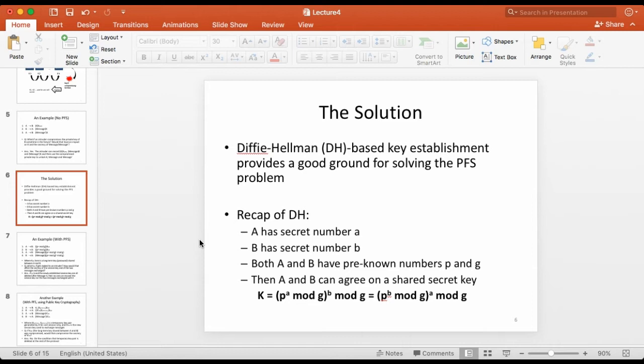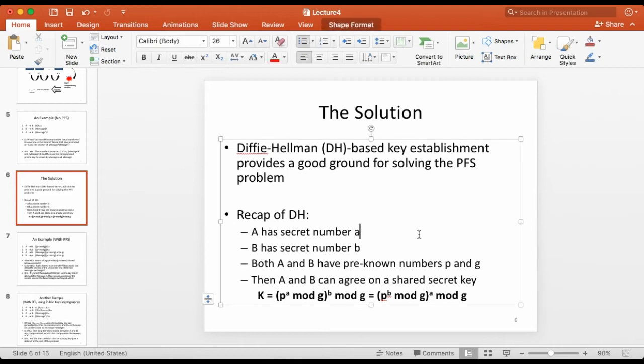The idea was that Alice and Bob each have their own secret numbers, say small a for Alice and small b for Bob. Before that, both Alice and Bob will also have agreed on two predefined prime numbers, small p and small g.